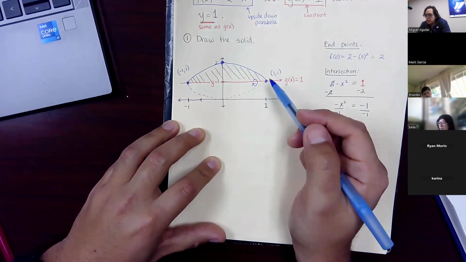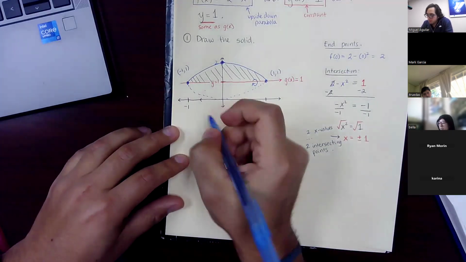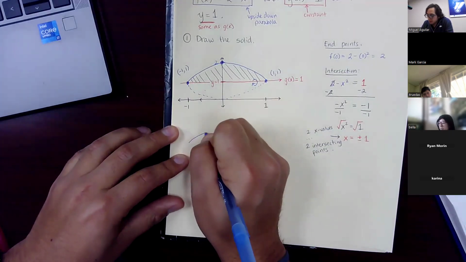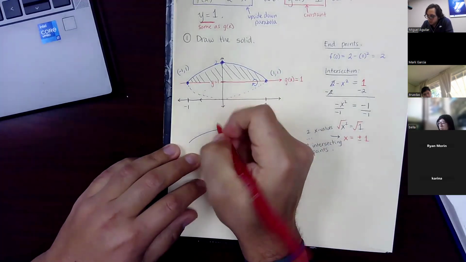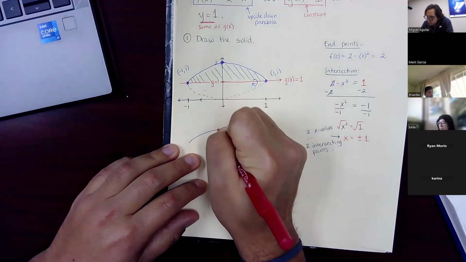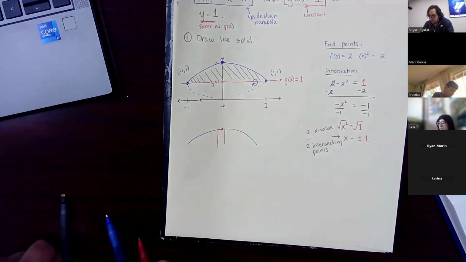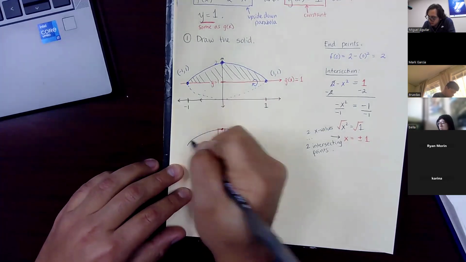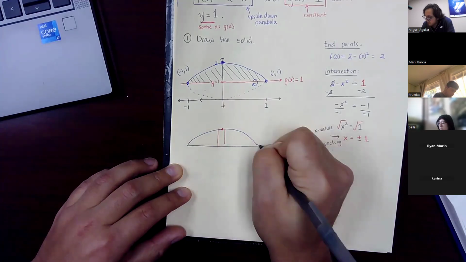Okay. So when we revolve this shape around, what we're going to end up getting is something that looks like this. There's the original shape. We can draw sort of a representative rectangle here. Down here, we have the axis that we're revolving around.